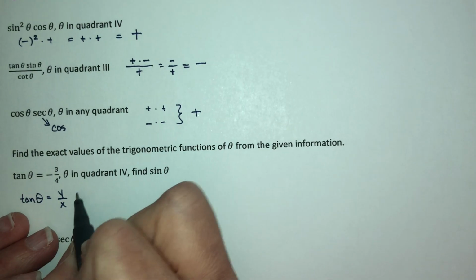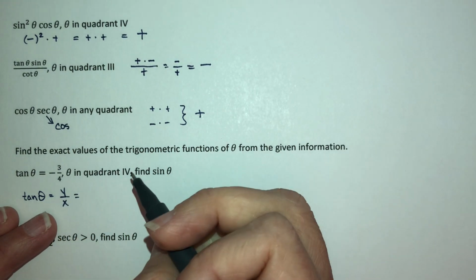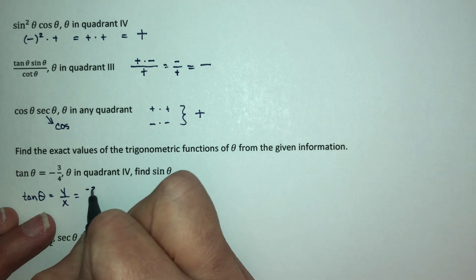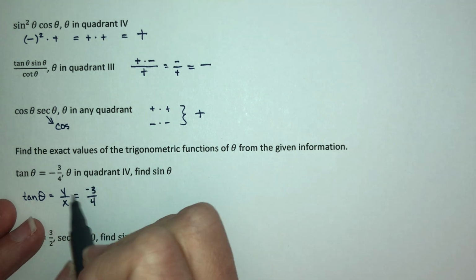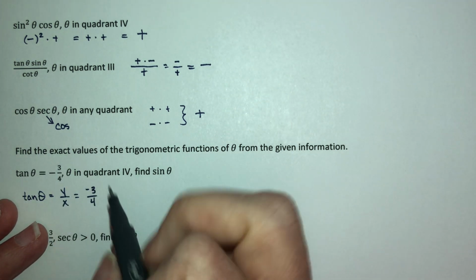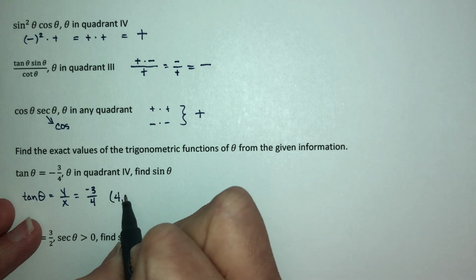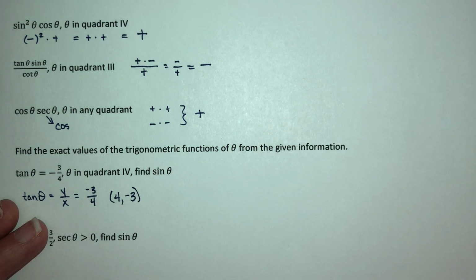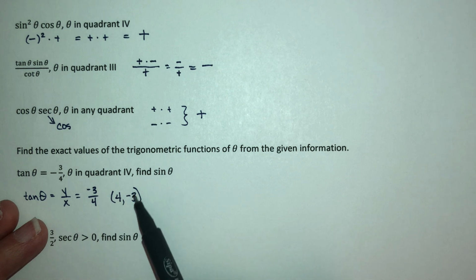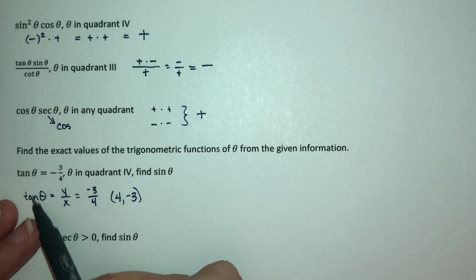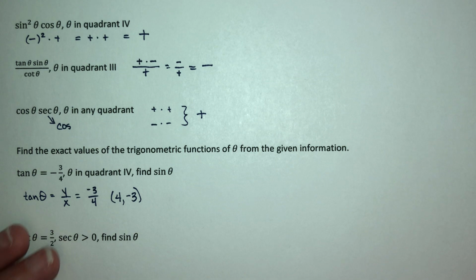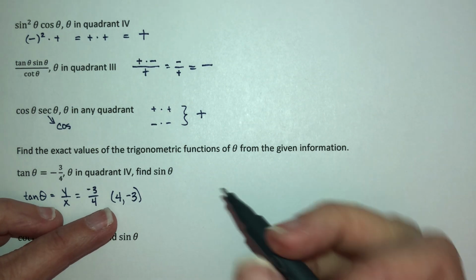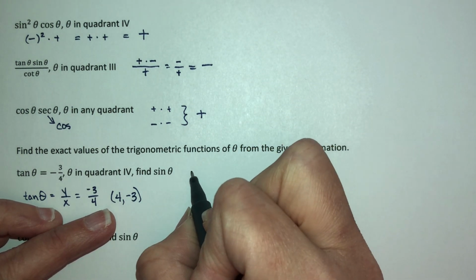So this is negative 3 over positive 4, which means that we can use the terminal point 4, negative 3. We know that the ray associated with this angle passes through the point 4, negative 3. Now we have a problem like we were using earlier in the previous page. We want to find our r value first.